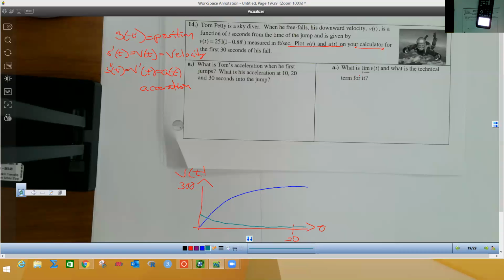Okay, so the question asks, what is Tom's acceleration when he first jumps? Now acceleration is my green line. So what I'm going to do is hit second calc, and I'm going to type the number 1 in there, and I'm going to put 0 in, and I'm going to hit enter.